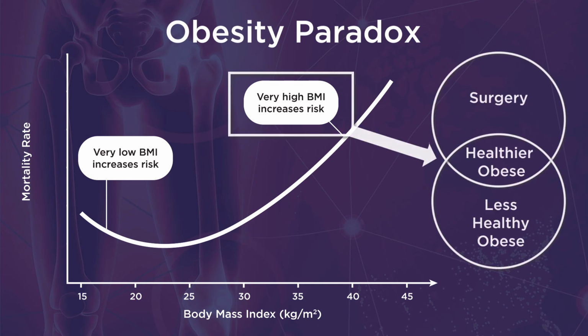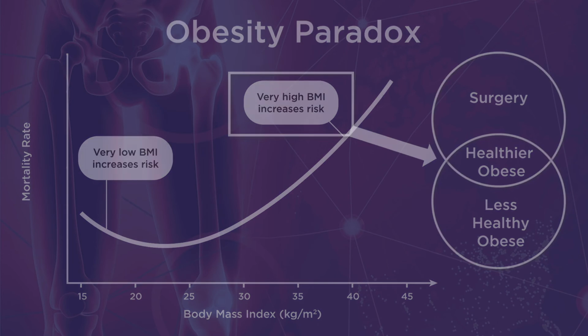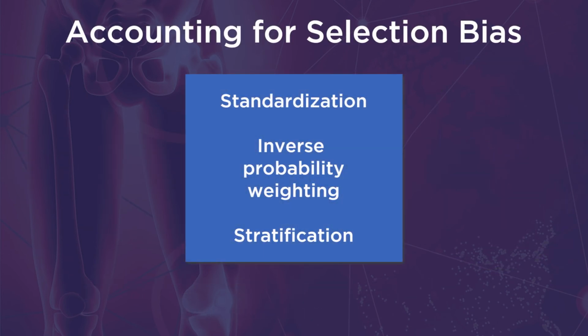Obese patients who survive long enough to undergo surgery are more likely healthier, paradoxically making obesity seem protective among arthroplasty patients. To account for selection bias, we need to consider the probability of being selected into the study sample. If you suspect selection bias, consider standardization, inverse probability weighting, or stratification to account for it.